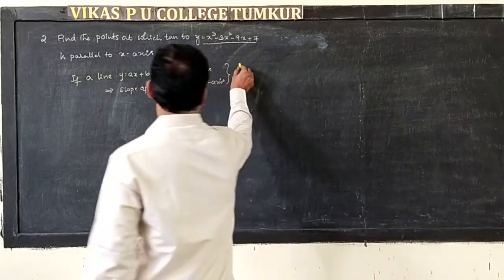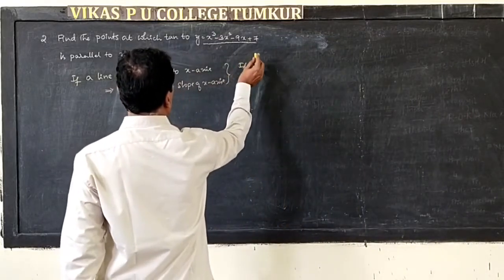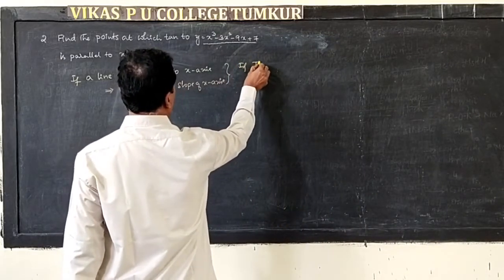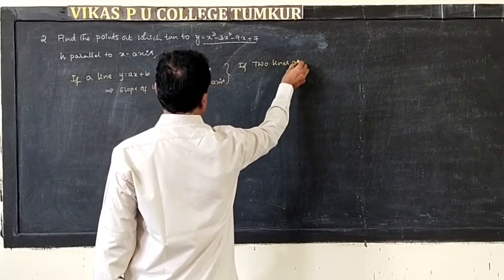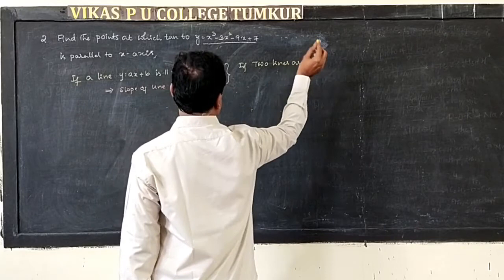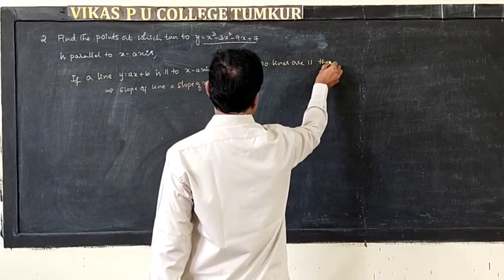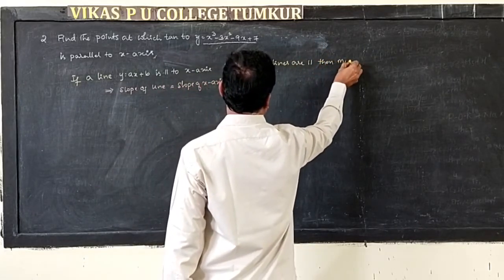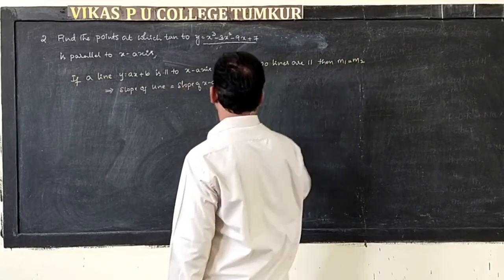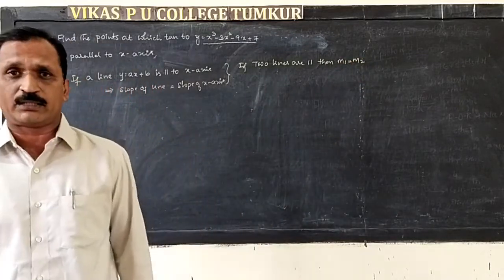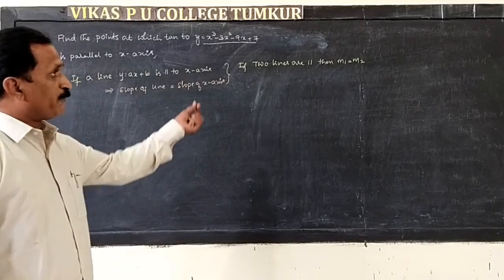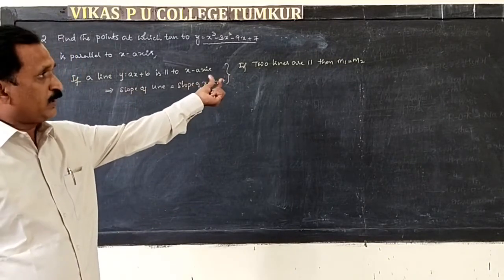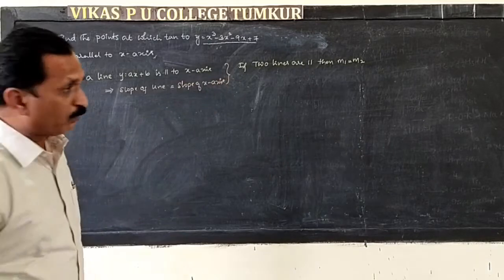This is a very important condition for you. If two lines are parallel, then the slope of each line must be equal to each other.